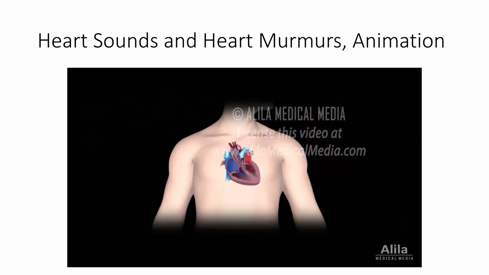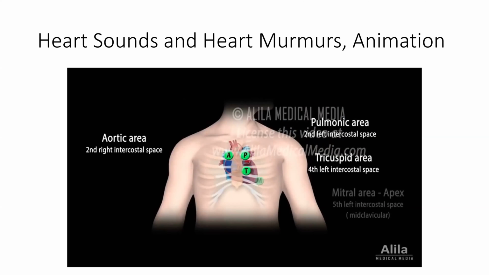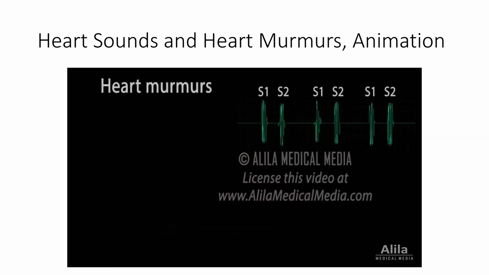Heart sounds are auscultated at 4 different sites on the chest wall, which correspond to the location of blood flow as it passes through the aortic, pulmonic, tricuspid, and mitral valves, respectively. This is how similar defects associated with different valves are differentiated. Heart murmurs are whooshing sounds produced by turbulent flow of blood.